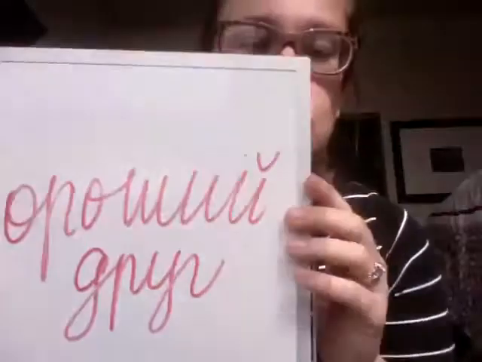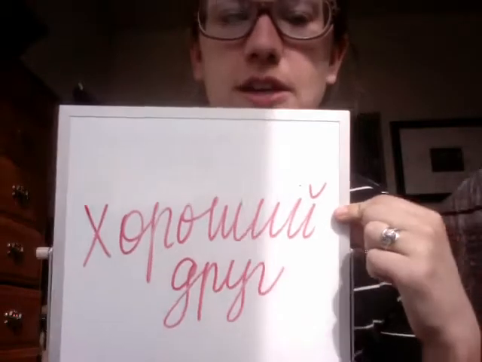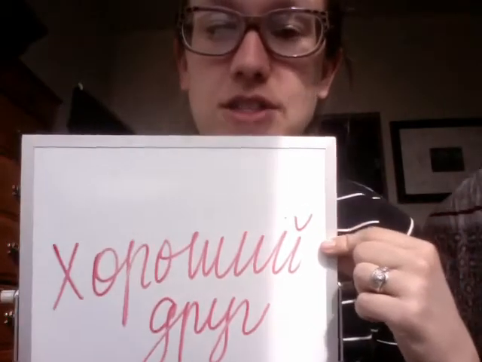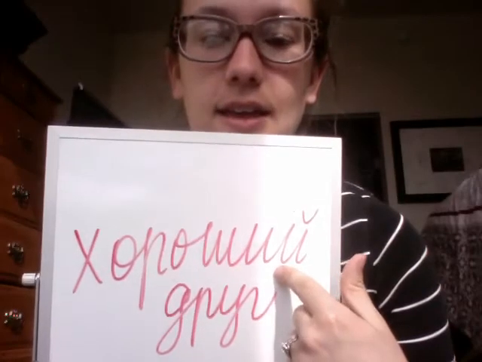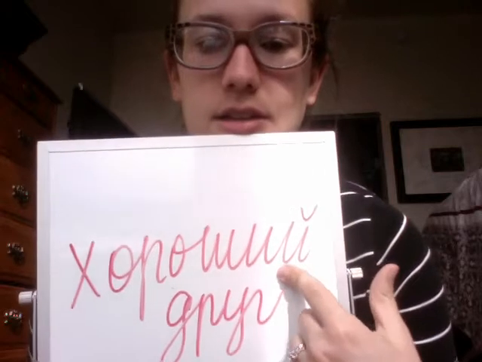But if you were to say хороший друг, like a good friend, хороший here is acting as an adjective, and it ends in this kratkaya.